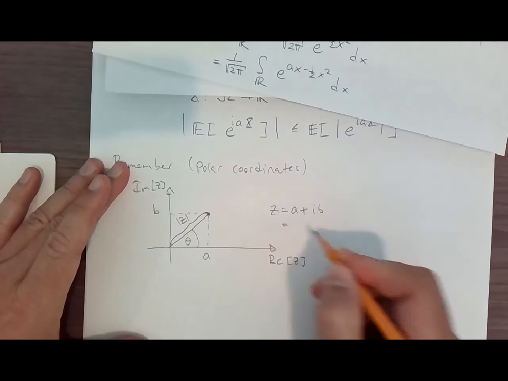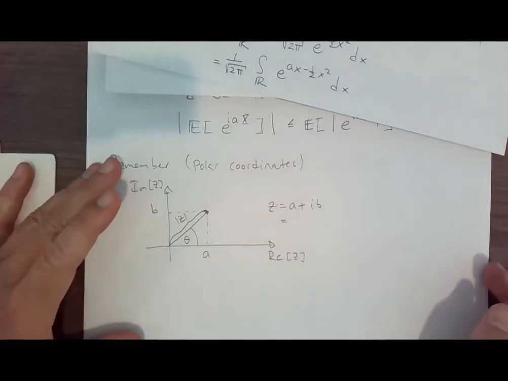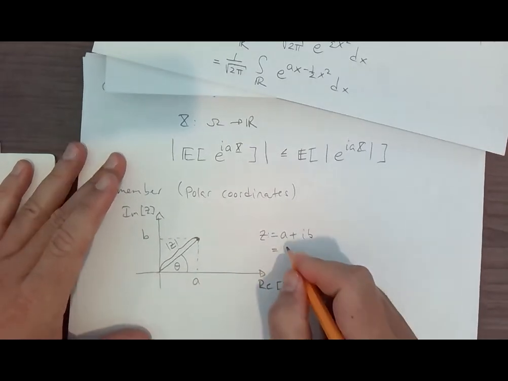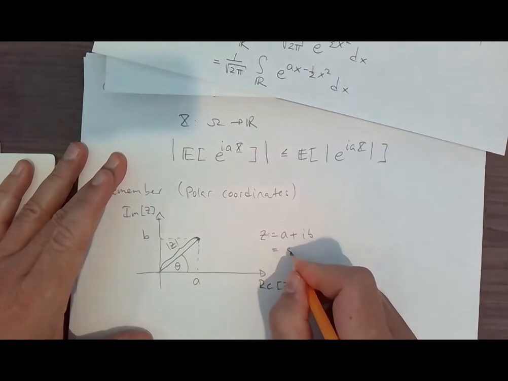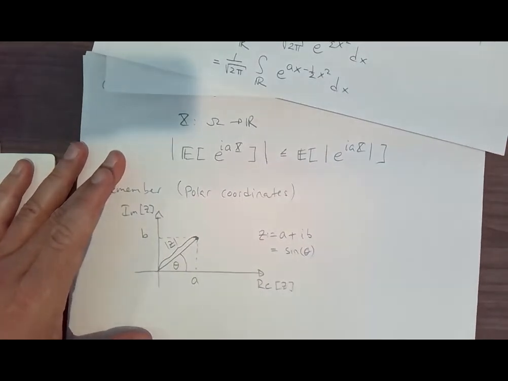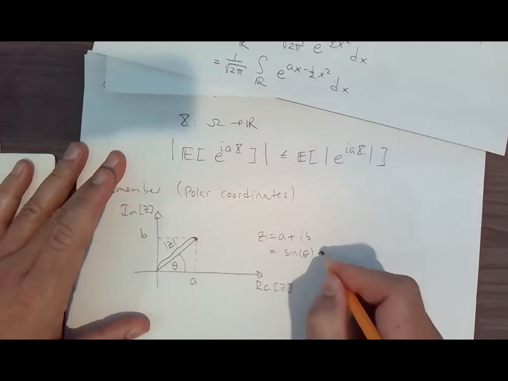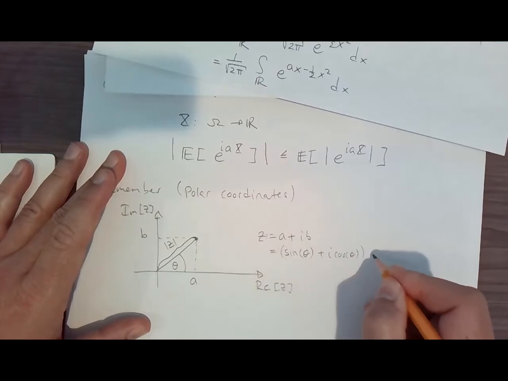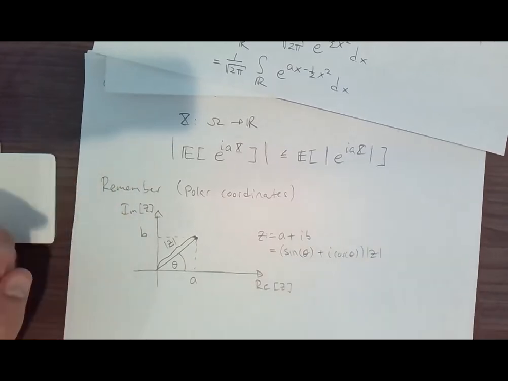So I could also write this here as, let's see, on the x-axis, is this where we have sine of theta plus i cosine of theta, and then we need the length to come in here.